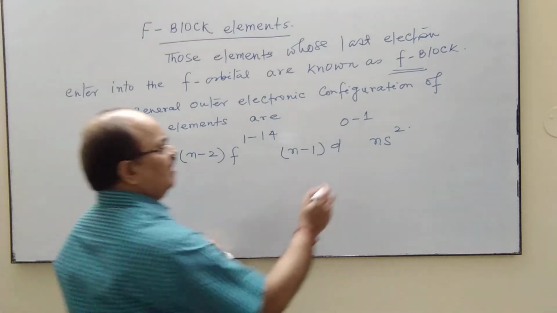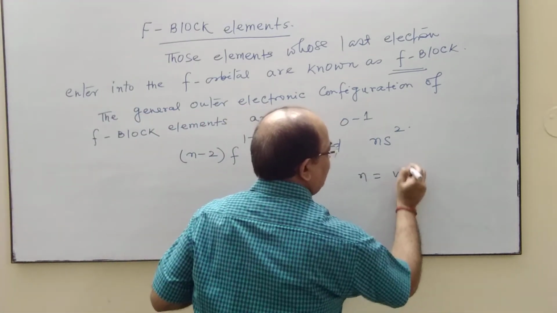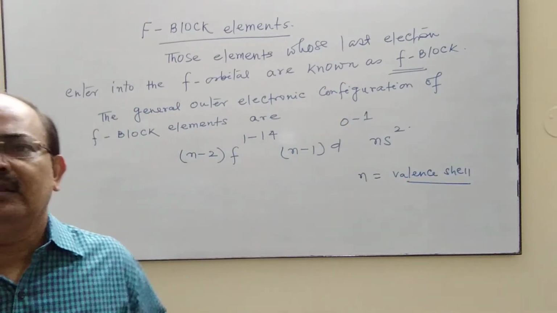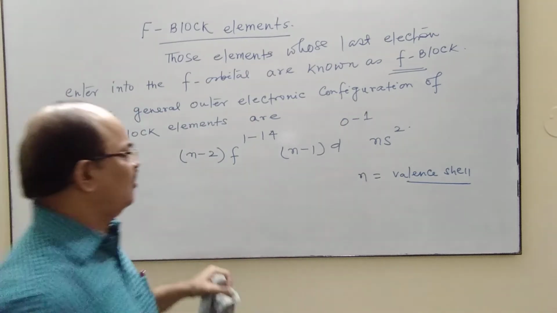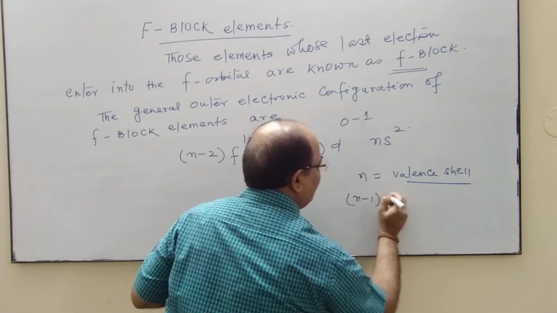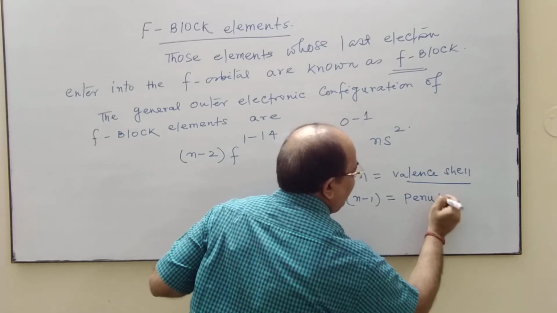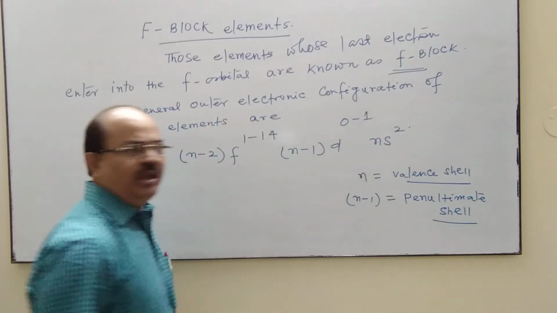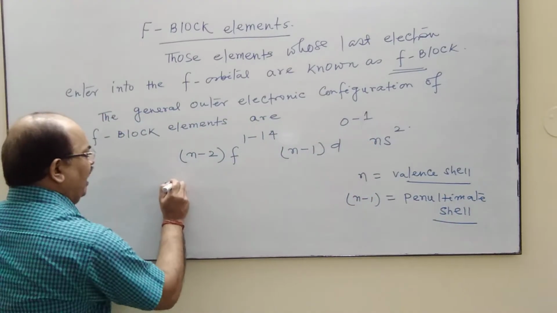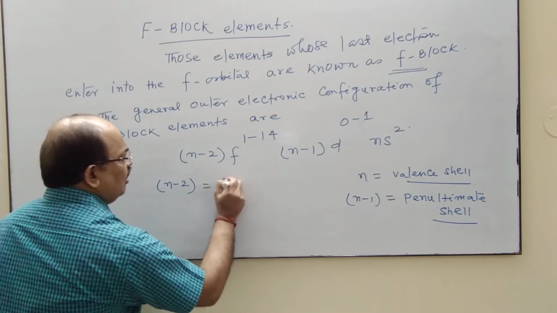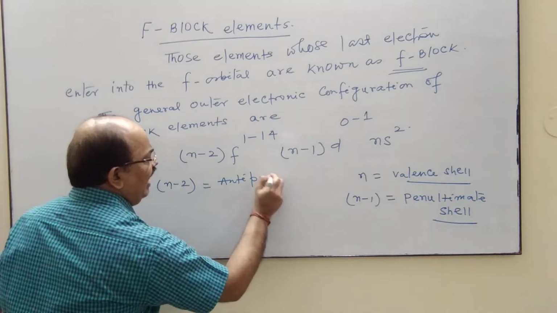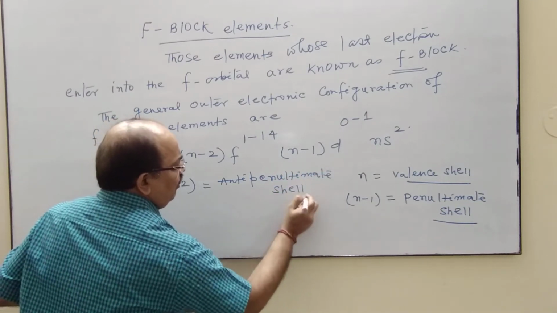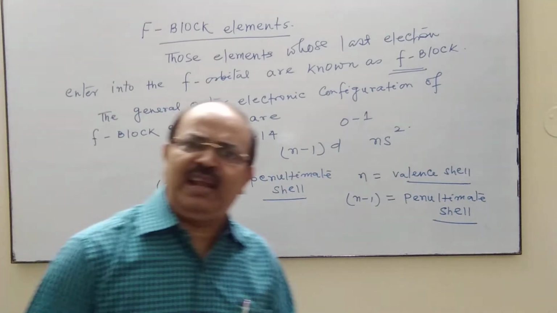In this case, this n is your valence shell, while n minus 1 is your penultimate shell, while this n minus 2 is your anti-penultimate shell.